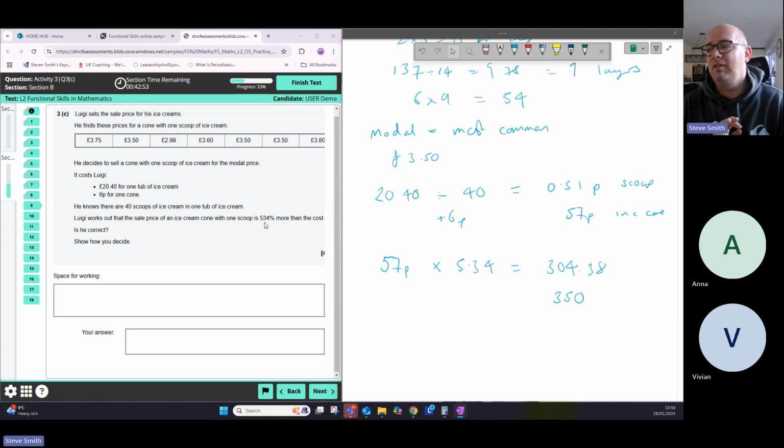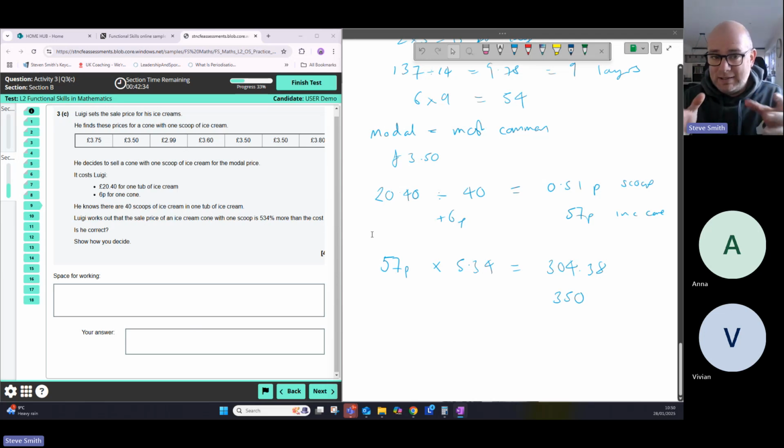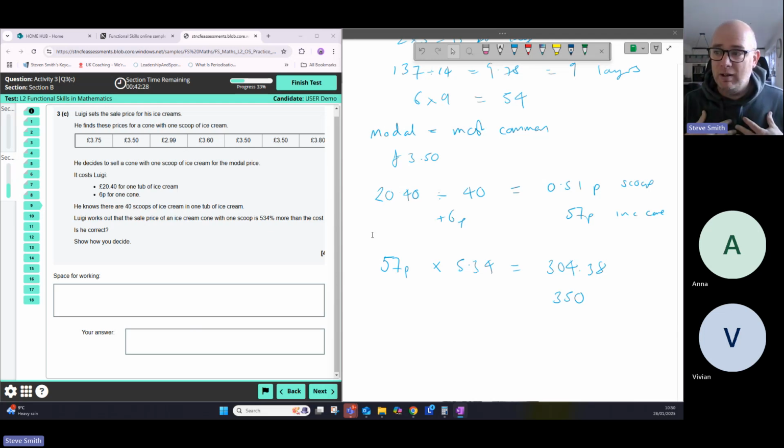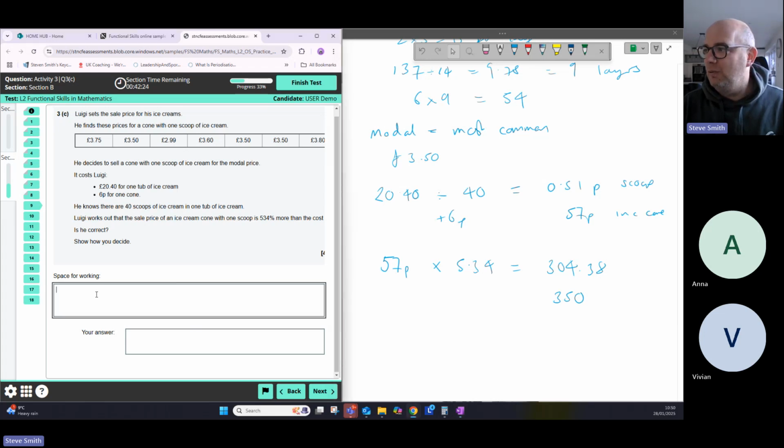Because it's more than 534%. It's just the way that's worded. If it had been is more than 534%, I agree. But it said here one scoop is 534% more. So he's saying it's exactly 534% more than the cost price. Is it correct? That's the way I read it from my English point of view. So I don't think he's correct.